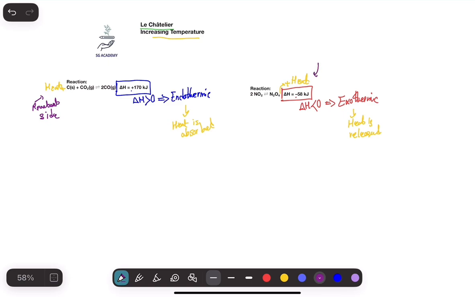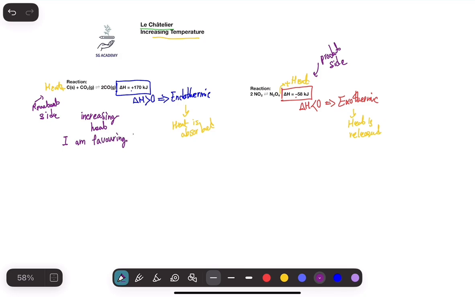Okay, so let me just write this down before I move. Now, if I'm increasing the temperature or I'm increasing heat, what does that mean? Well, for an endothermic reaction, since heat is on the reactant side, I'm favoring the reactants in this case.